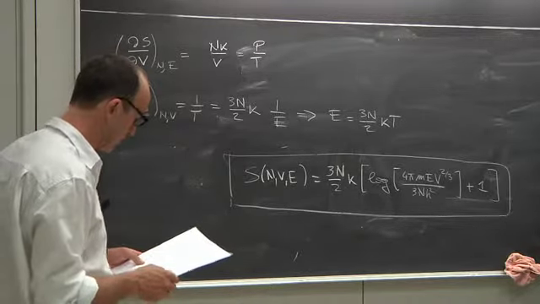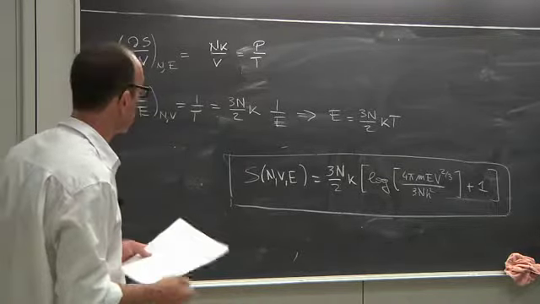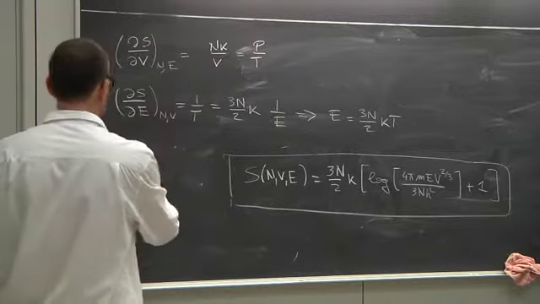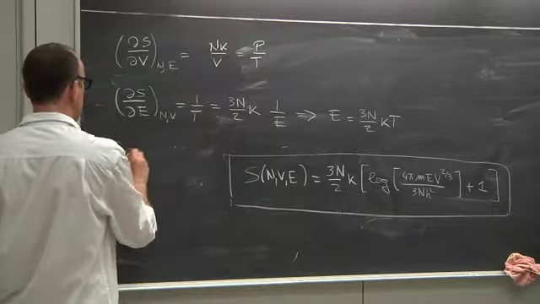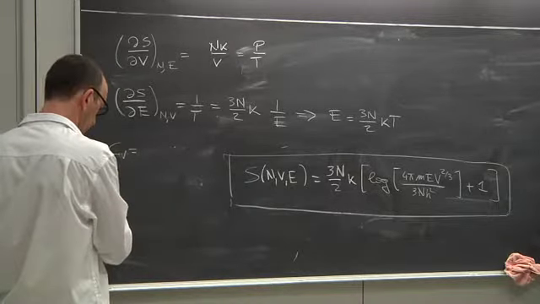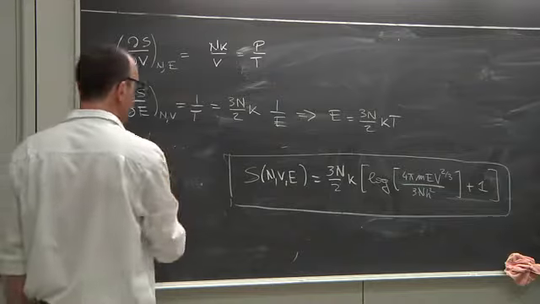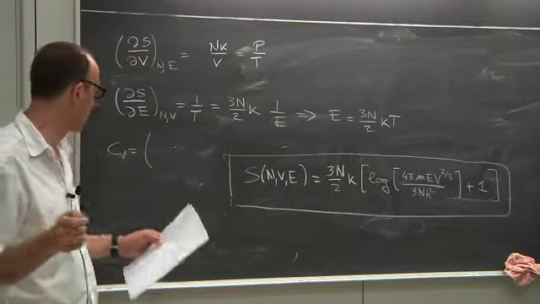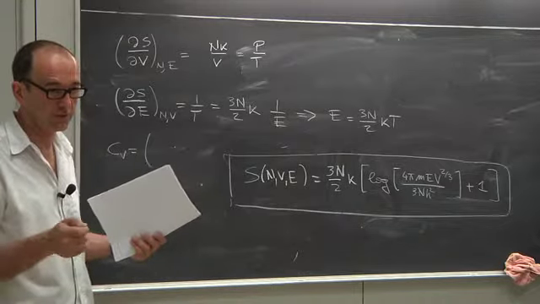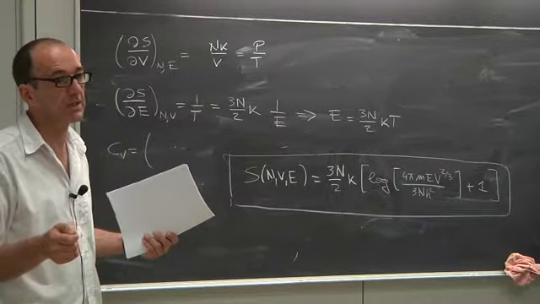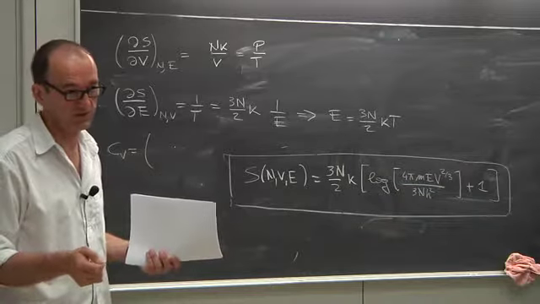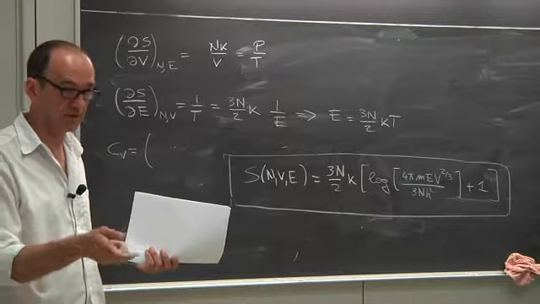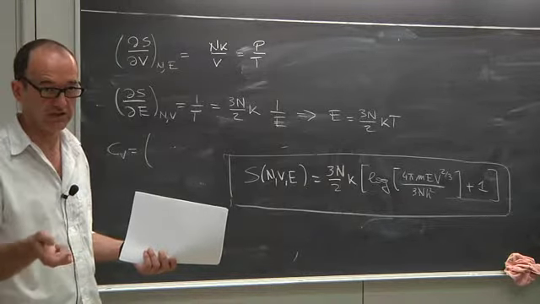So from this, for example, you can compute the specific heat at constant volume. The specific heat at constant volume implies doing a transformation where you keep the volume constant. Then you don't perform any work on the system, so the heat which is absorbed is just the change in the internal energy.